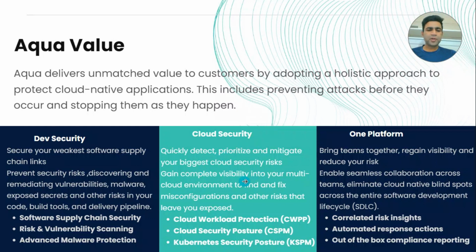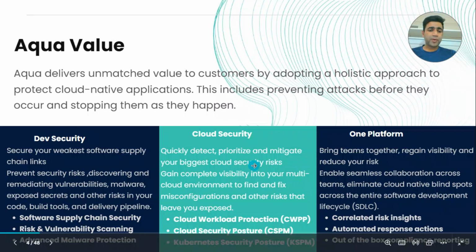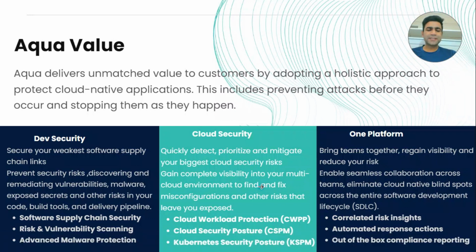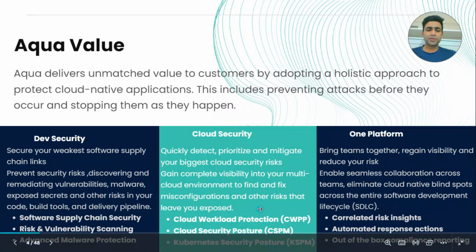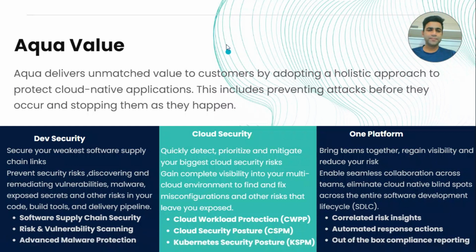In terms of cloud security, the main features that Aqua is providing: the first one is CWPP, that's Cloud Workload Protection, Cloud Security Posture Management, and Kubernetes Security Posture Management. Then it comes as one platform that's providing you correlated insights, automated responses, and out of the box reporting of all of your infrastructure.